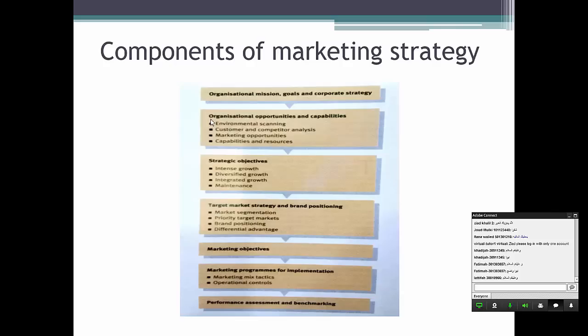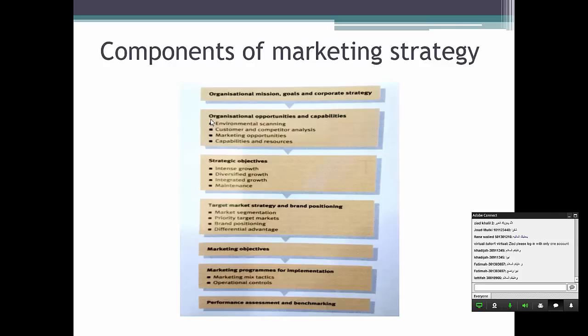Porter created this model in, I think, 1985. By the way, he's one of the scholars in management, working at Harvard Business School. He's very famous in strategy and in the management of business.